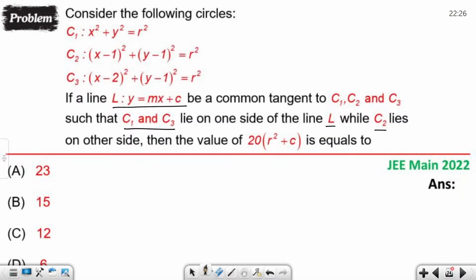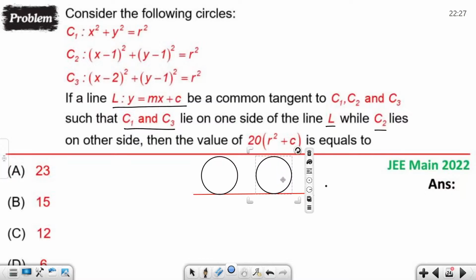Getting my point? What I am saying is, there is a line. Let us say this is my line L. Now, the 2 circles will be C1 and C3. They are lying on the same side. Let me change the color of this pen. C1 and C3 are lying on the same side of this tangent.